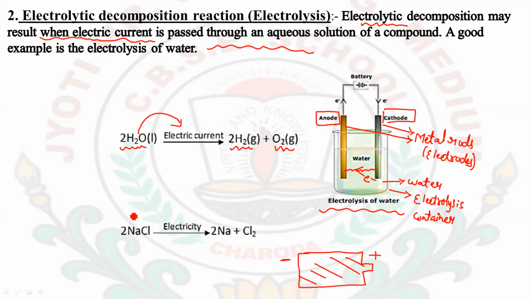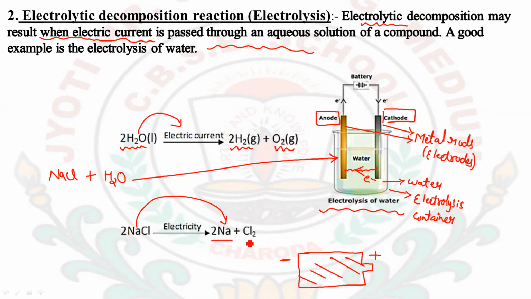Let's consider we had made a solution of common salt and water, and we have taken this solution in the electrolysis container. The same reaction will take place, electrolysis, and this NaCl will be broken up into Na and Cl2.